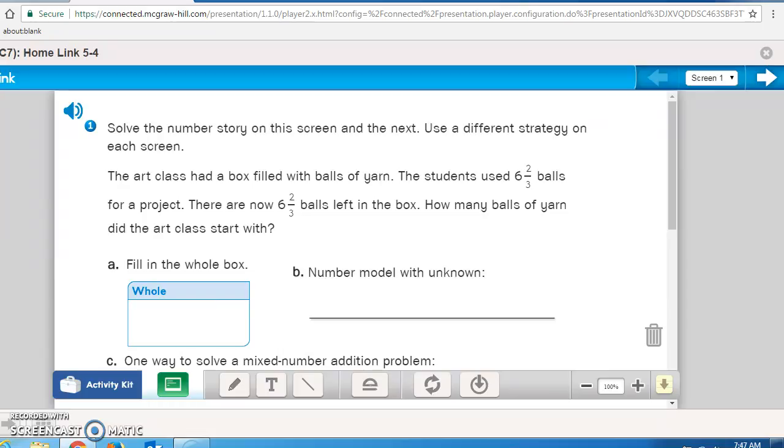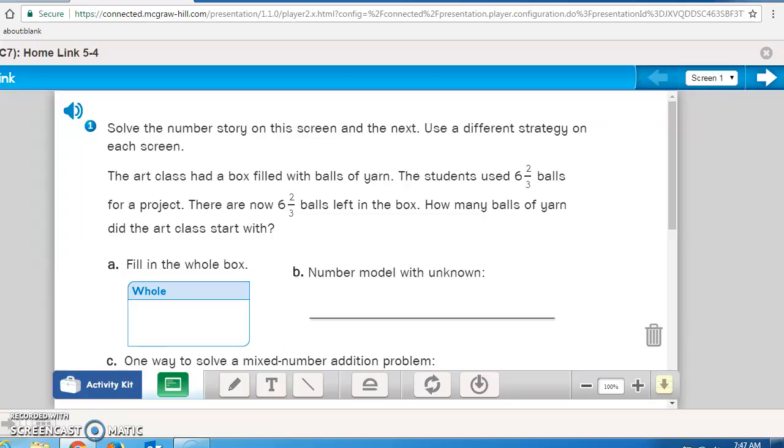It reads, solve the number story on this screen and the next and use a different strategy for each. The art class had a box filled with balls of yarn. The students use 6 2/3 balls for a project. There are now 6 2/3 balls left in the box. How many balls of yarn did the art class start with? Well, if you used 6 2/3 balls for a project and there's still 6 2/3 left in the box, you are going to need to add those together.